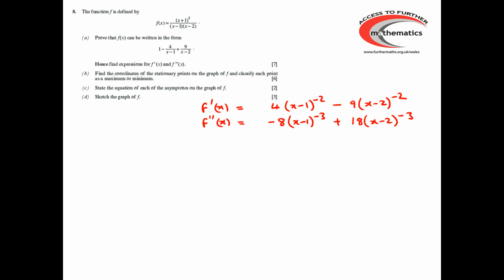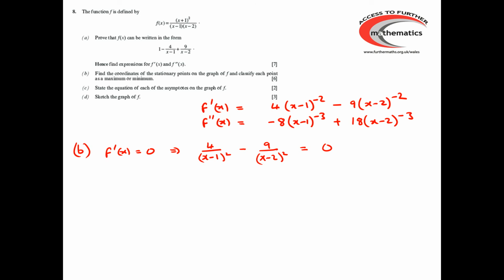So we now want to find the stationary points and classify them. So for a stationary point, we must have f dash x equals 0. So that's 4 over (x minus 1) squared, take away 9 over (x minus 2) squared must equal 0.